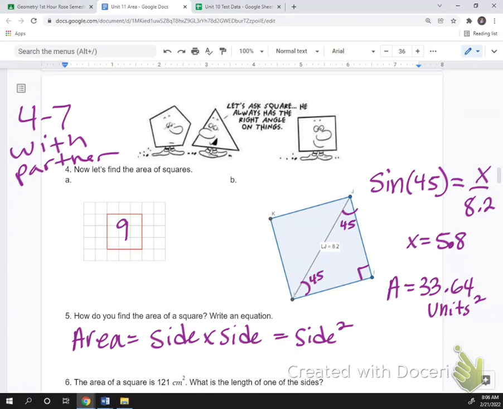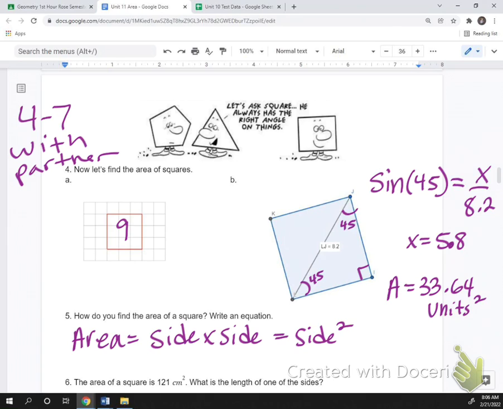Did we have any questions on 4? For 5, are we good with the area now? It's the square, so each side is the same, so you should have whatever the one side is squared. Side times side, or side squared.